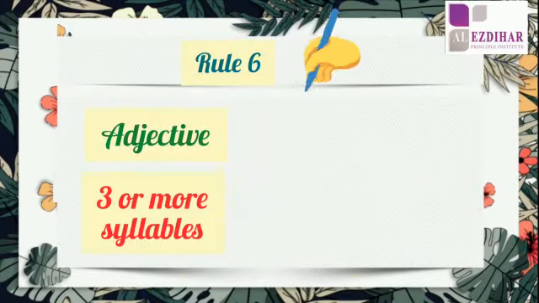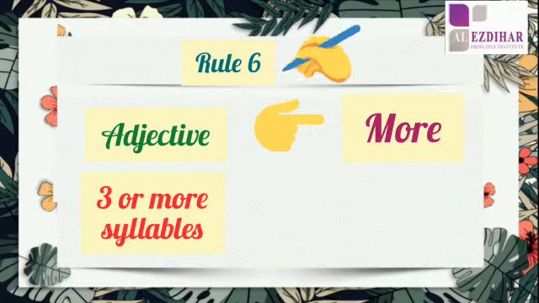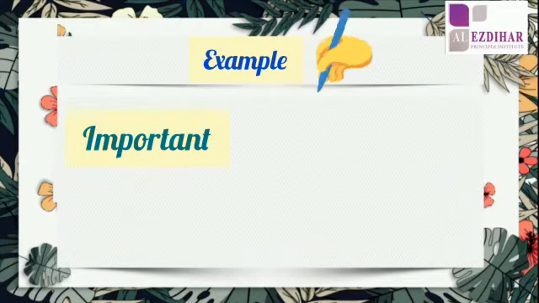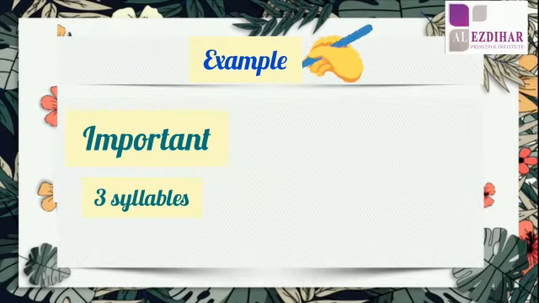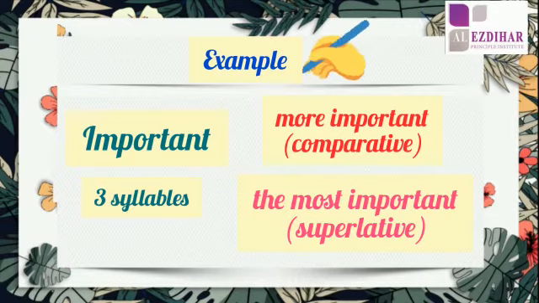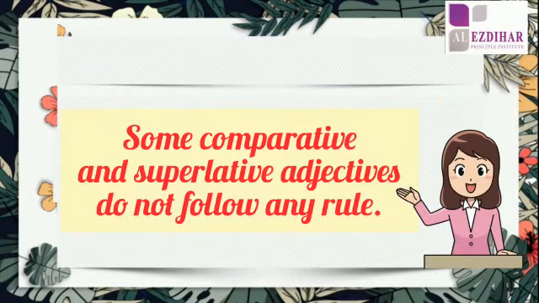Adjective with 3 or more syllables, more is used for comparative form and most is used in the superlative form. Example: important. Important has 3 syllables. More important, the most important. However, some comparative and superlative adjectives do not follow any rule.